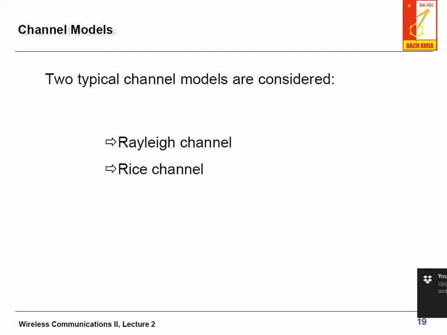They are very popular in wireless communication, and even in simulation models, we usually consider these two typical cases of the channel. So in this session, I will introduce these two channel models, when they appear, and what the statistical distribution of the channel is.